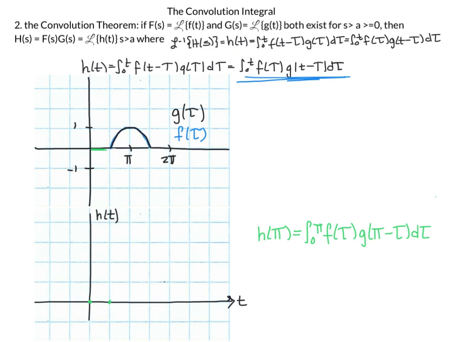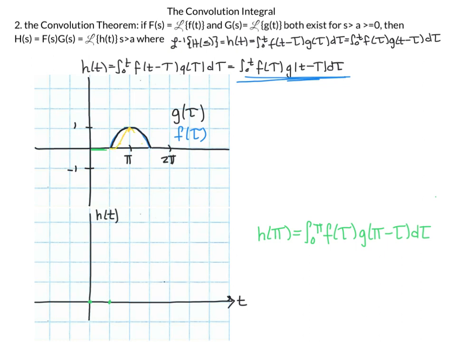The next step now is to multiply my f of tau and my g of pi minus tau. So somewhere over here, right in between, I see that the height is probably somewhere around a quarter. So a quarter times a quarter would be an eighth. At pi, I have the height at 1. So multiplied together, I get 1.